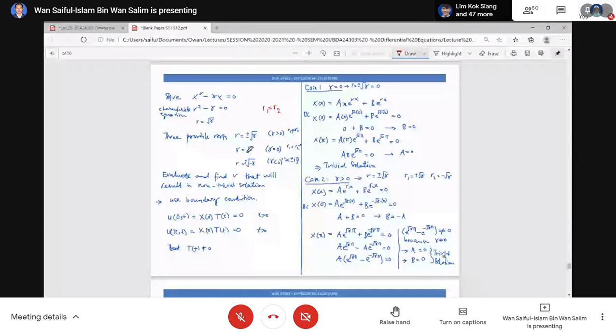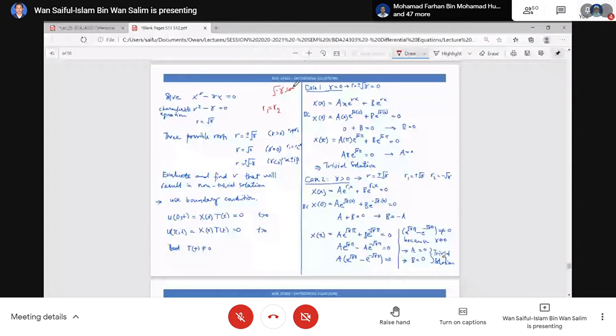And the third one, in order for the root to be a complex number, then this gamma has to be a negative number. Kalau negative ni, then we won't get a real number. So because the square root of a negative number is always a complex number. Okay, complex number.